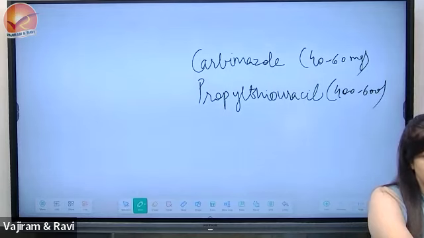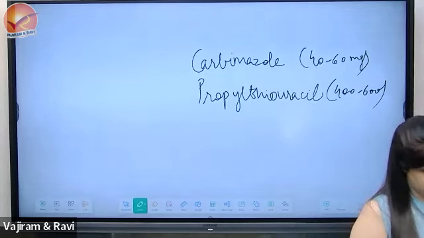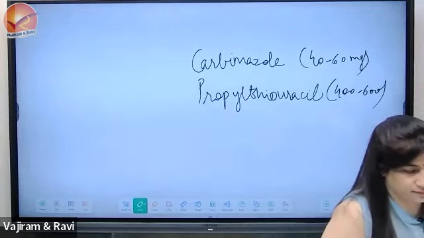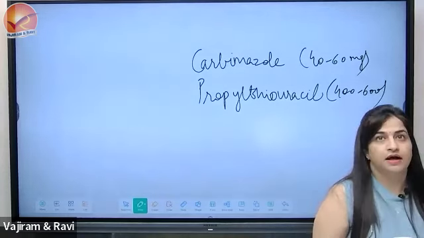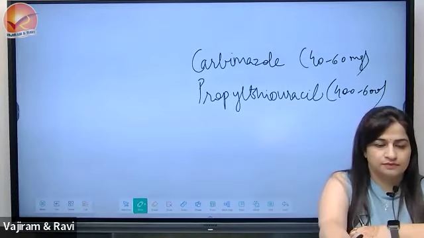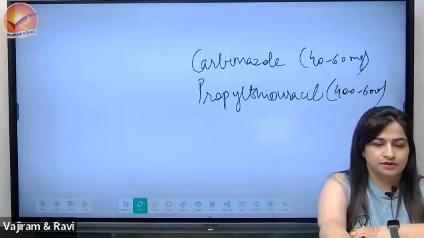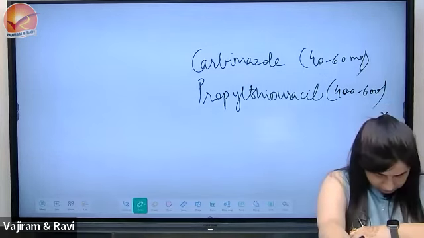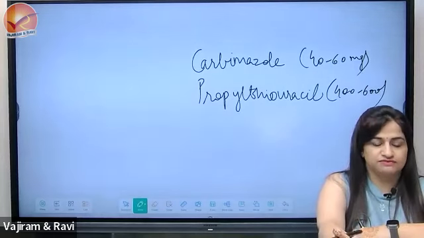The patient shows improvement in 2 weeks, and will reach euthyroid state in 3 to 4 weeks, after which the dose can be titrated to maintain the hormones within reference range.